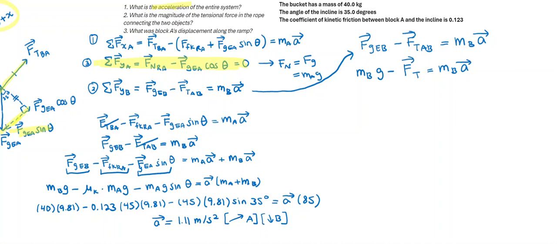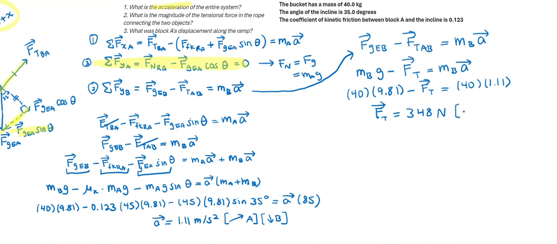And then last but not least, we're just gonna plug in these values. Mass of B is 40 times 9.81 minus T times 40 times 1.11. Now plug this into your calculator and you should get 348 newtons.